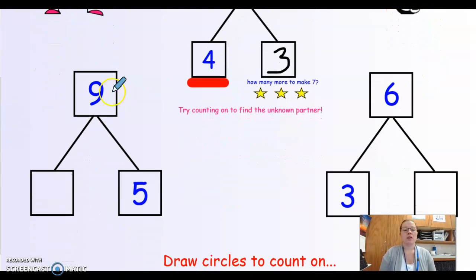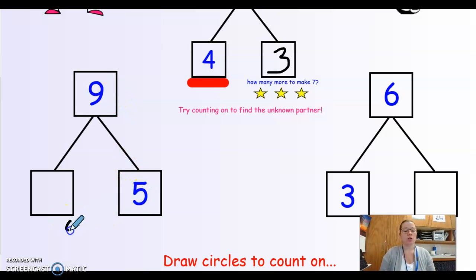Okay, I'm noticing that the 5 is now on the right side. Does that matter? We talked about it earlier. Nope, it doesn't matter which partner is missing. We use the same strategy. So we're going to start with 5, and we're going to draw circles to count on until we hear ourselves say the number that's at the top. We're at 5.